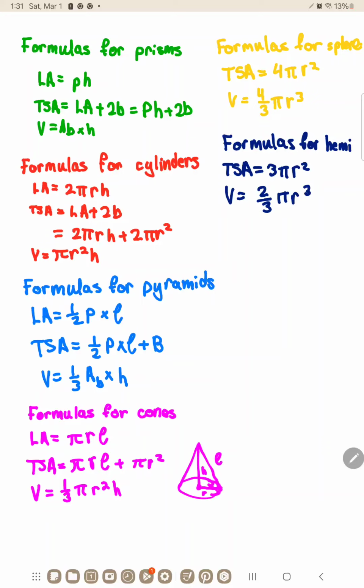For the pyramid, I have to pause and draw it because I keep deleting it. I'm sorry guys, instead of drawing the pyramid and changing the color, I accidentally deleted everything on the screen. But anyways, if you want, you could just rewind. The pyramid would look something like this, and your slant height would be this, your height would be this.